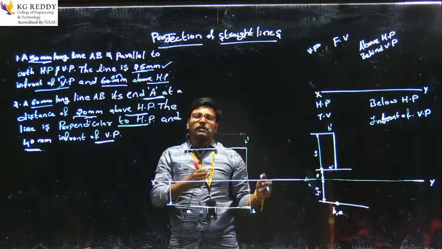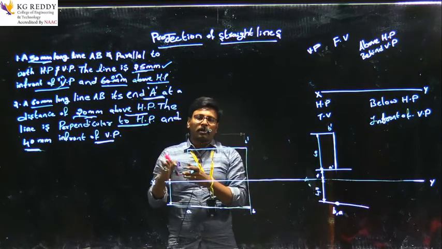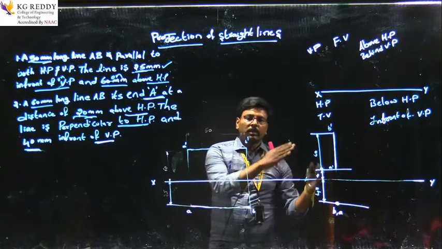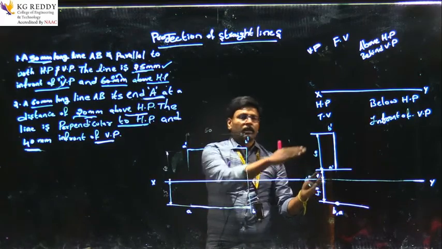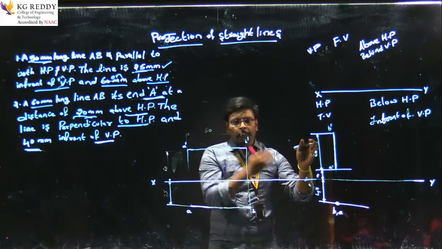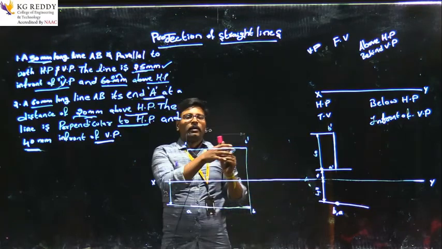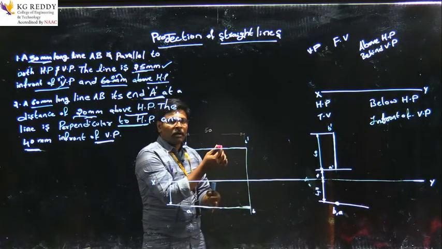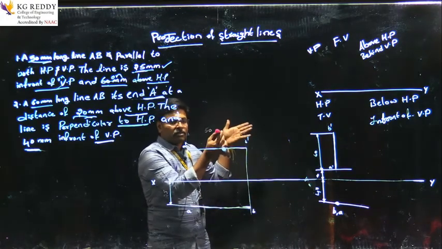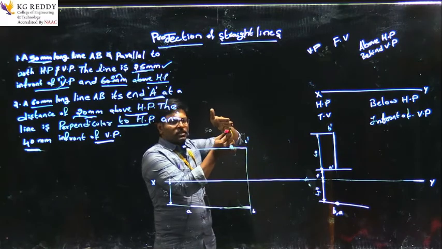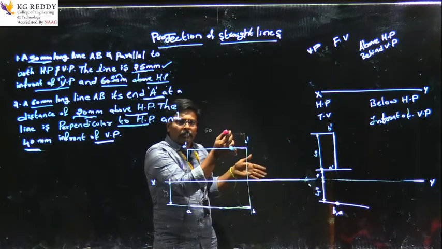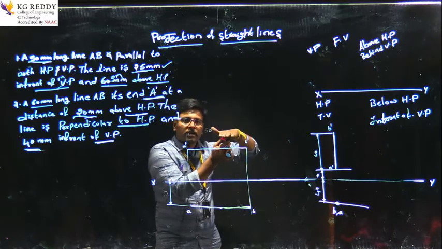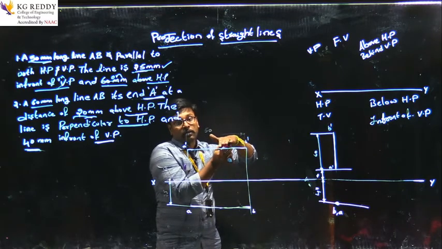The same concept can be related to a line perpendicular to the vertical plane also. With the same diagram and the same dimensions, the diagram will come out in a reverse way. The line is perpendicular to the vertical plane, so the shape in the front view is a point, and the shape in the top view is a vertical line.